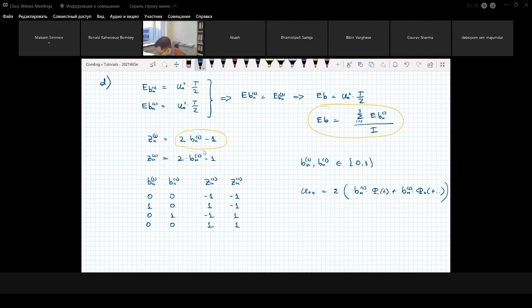Then during the interval when you transmit 0, you transmit nothing, so your energy equals 0. And during the interval when you transmit 1, it will be U0 squared times T over 2. As a result, the average energy will be even smaller. This is the difference. But for this case, we have the mapping from the 0, 1 interval to the -1 and 1 interval.